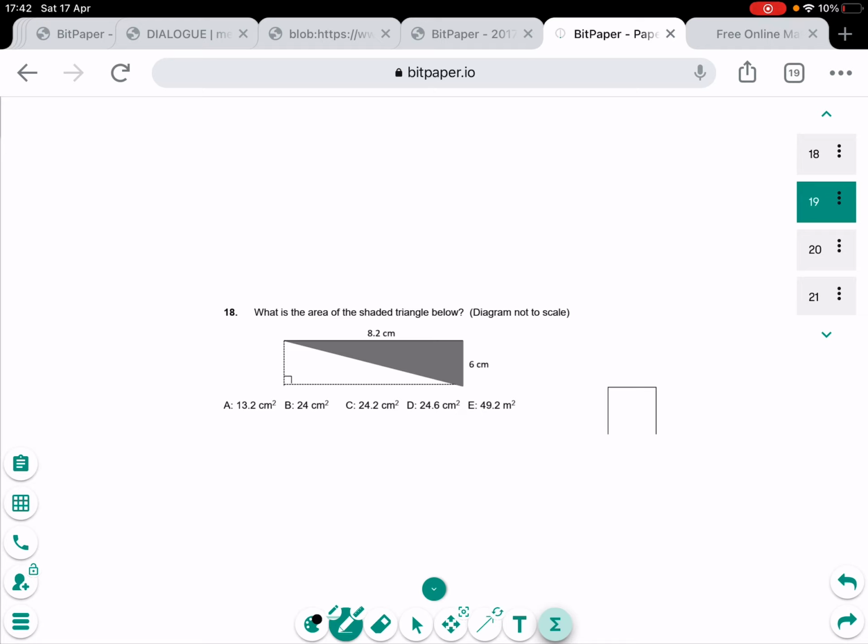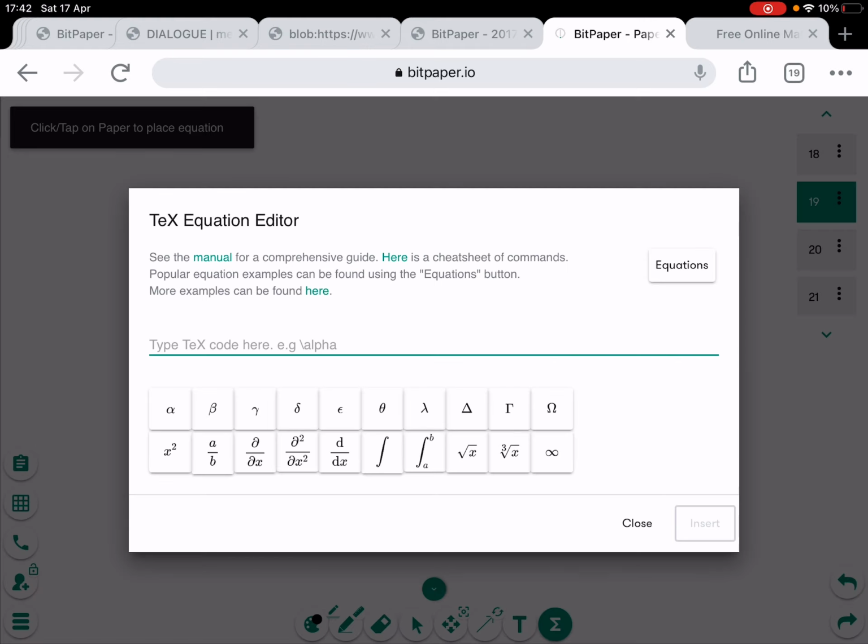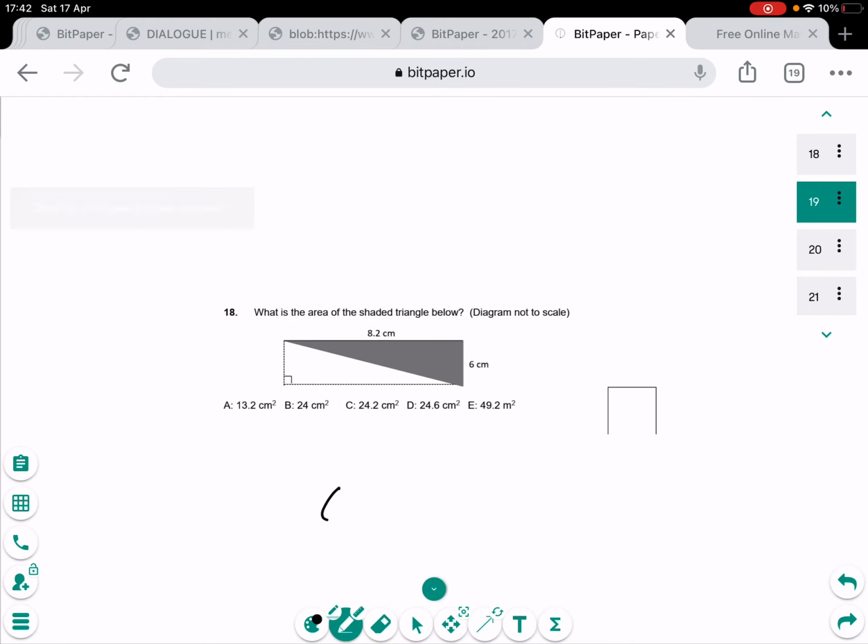So that's going to be... Oh, sorry, I was having a mind blank for a second. 6 times 8.2 divided by 2 equals 3 times 8.2, which equals 24.6 cm squared. So D is our answer.